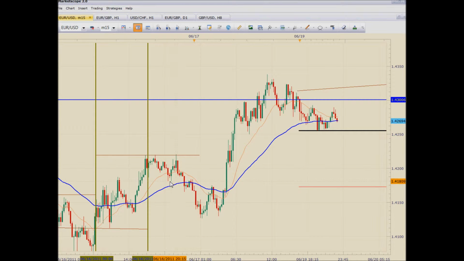But I have my stop right below here, and it's very important to always have a stop. So I know the importance of that. When the market falls on me, which it does from time to time, I didn't lose more than about 8 pips, and that was okay.